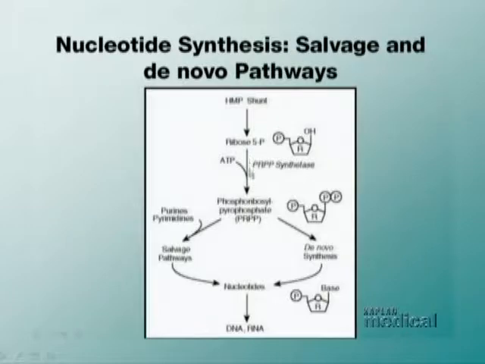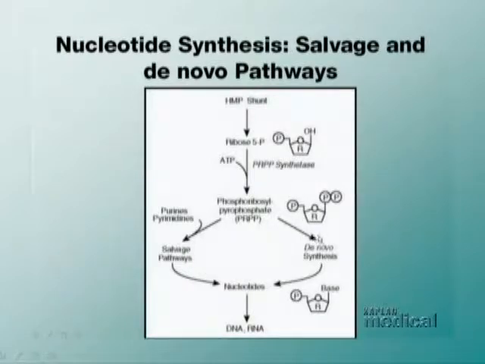So, the ribose 5-phosphate gets converted to an intermediate here that's called phosphoribosyl pyrophosphate. That's called PRPP for short, phosphoribosyl pyrophosphate. So this is basically the ribose 5-phosphate that's been activated by having a pyrophosphate moiety added to it.